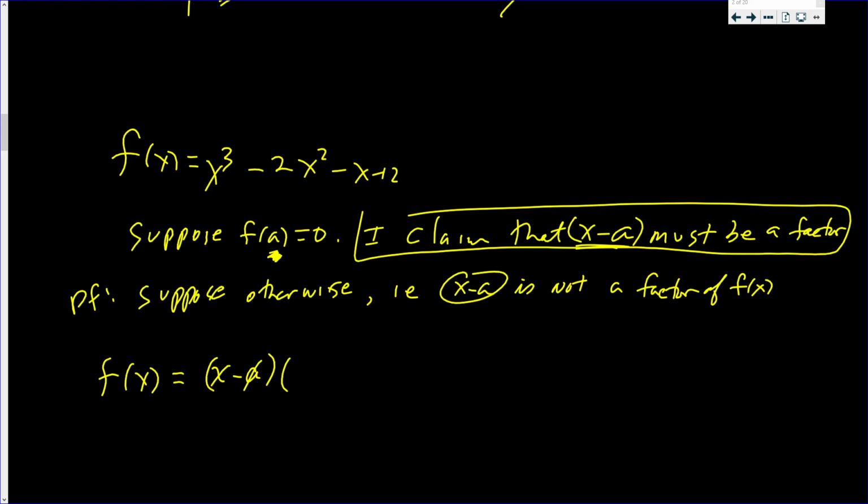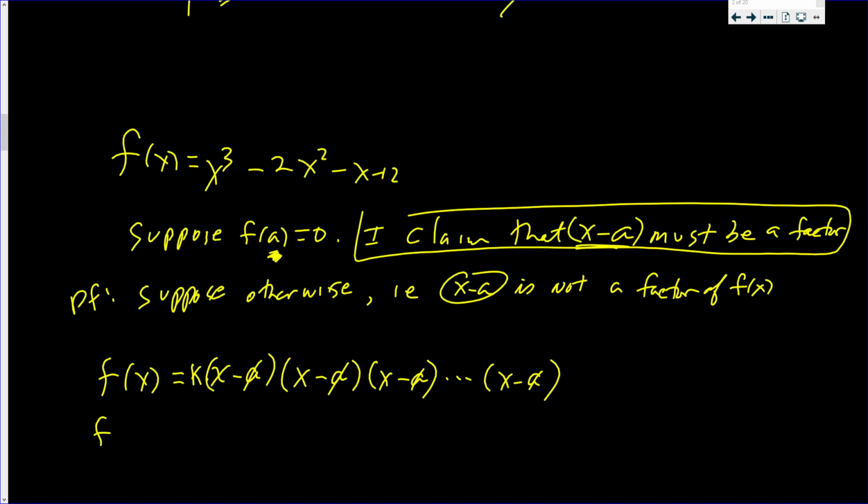And the second factor, if there is one, will be x minus a number different than a. And the third factor, if there is one, will be x minus a number different than a. In fact, this will happen for as many factors as f of x has. And there can be some constant in front.